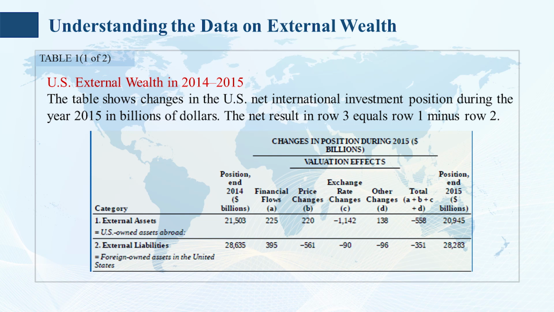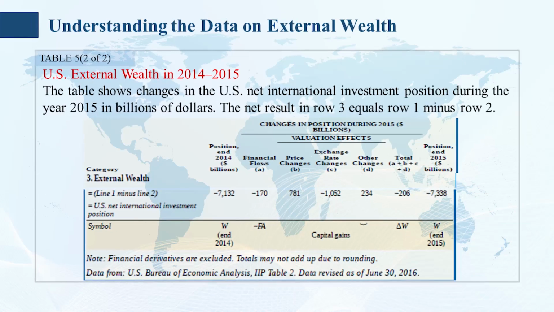The detailed data for the year 2015 show a clear distinction between the contribution of financial flows, net trade in assets, to changes in external wealth in column A, and the impact of various kinds of valuation effects, columns B, C, and D.